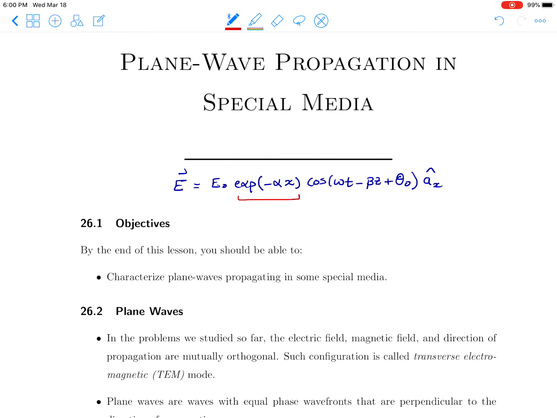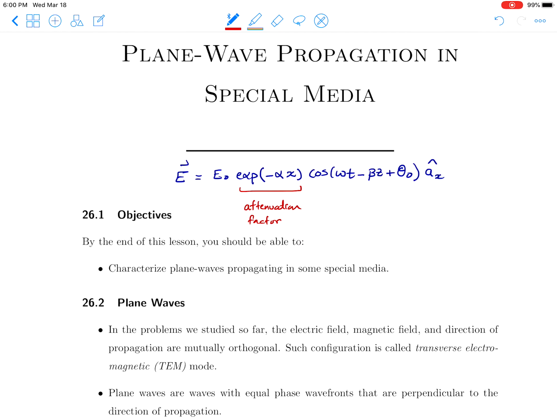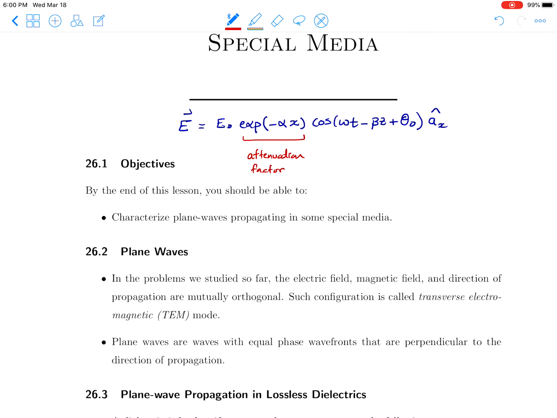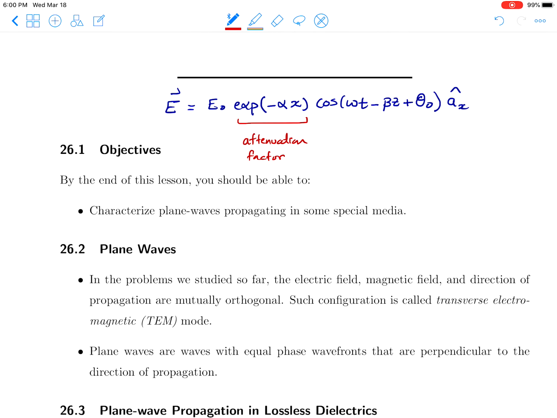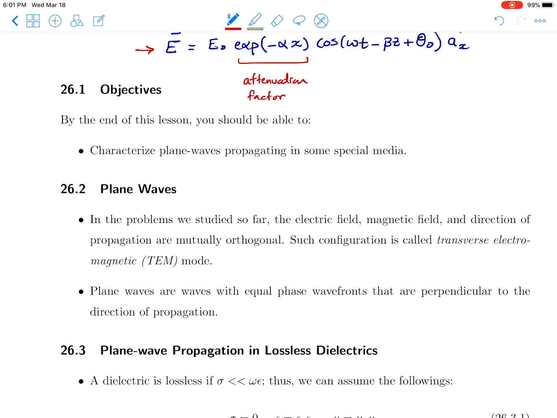So one factor is the attenuation factor here. And we'll see in this lecture that in some specific cases, there will be no attenuation. So remember, this is the general form, and we want to look into some simple cases.